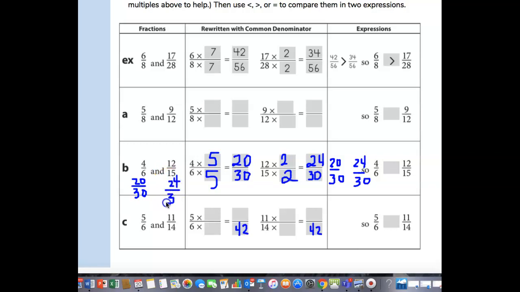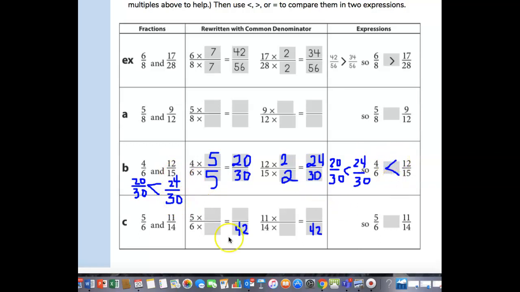Now it's easy to compare. 20 is less than 24. Okay? So 20/30 is less than 24/30. So because 20/30 is the same as 4/6 and 24/30 is the same as 12/15, we can put the less than sign here.